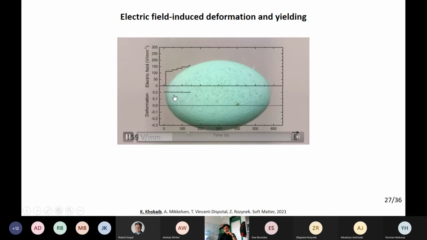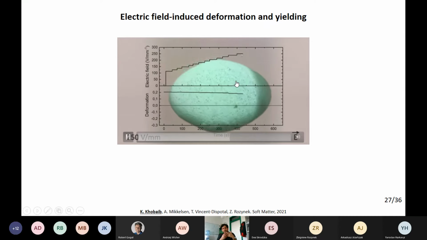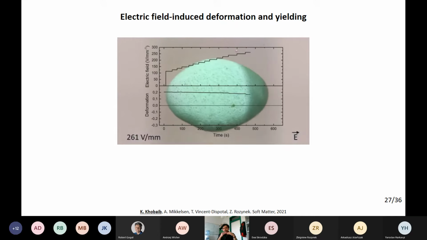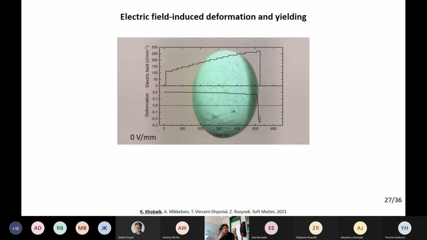What we found is that from 100 volts up to 225 volts, there is no change in the prolate shape, but above this there is some change due to the rearrangement of the particles. But when we apply around 272 volts, the droplet changes its shape from prolate to oblate. Why is this happening?